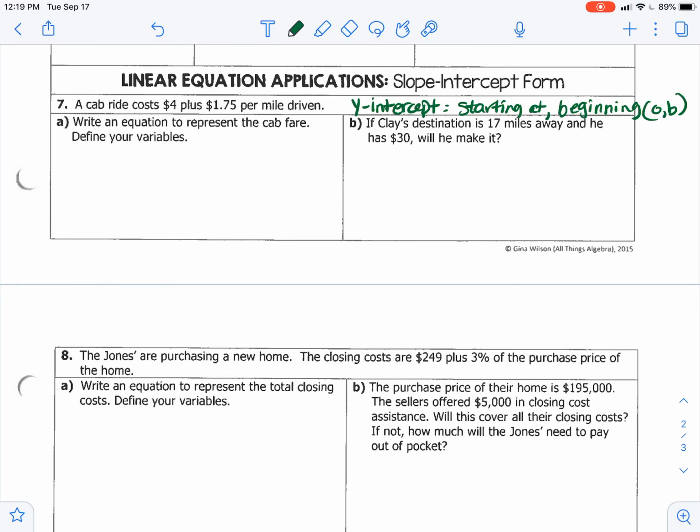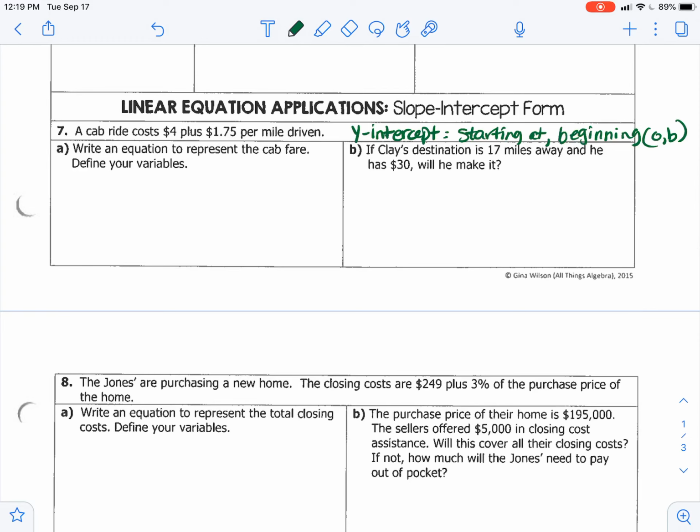Your slope, guys, is going to be, again, rise over run, so it is usually a rate, okay? So what I mean by that is like miles per hour, dollars per hour, feet per second. Those are things that are rates, so that's how you're going to identify which is your slope.